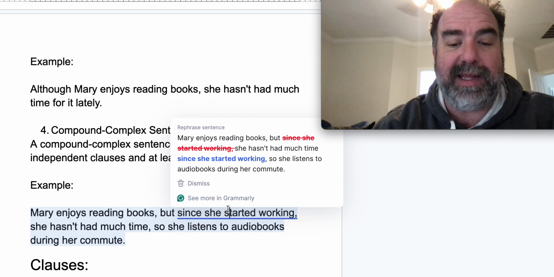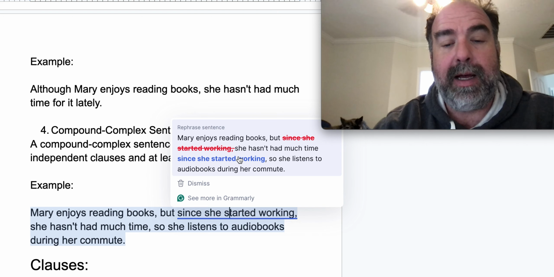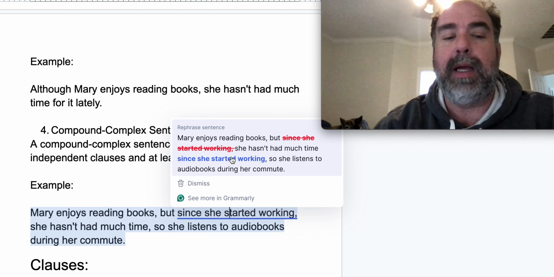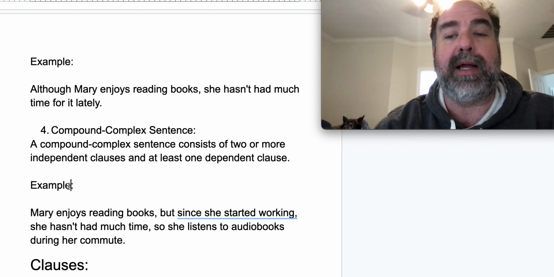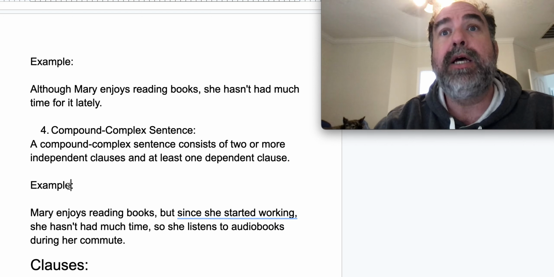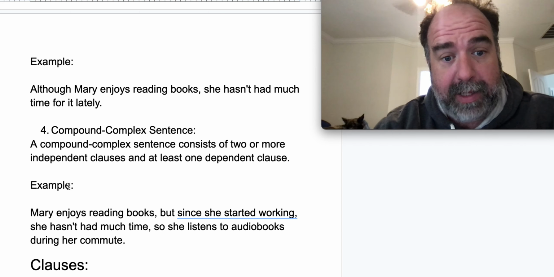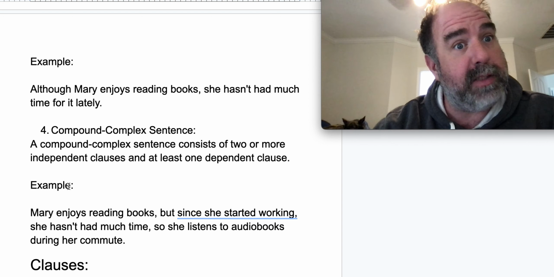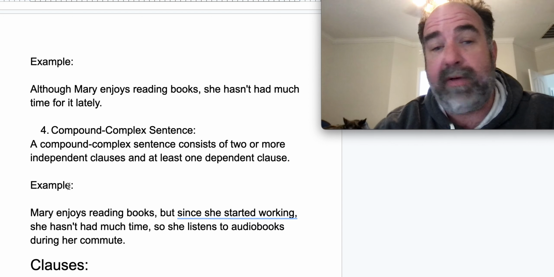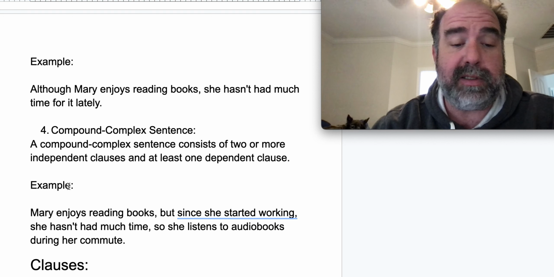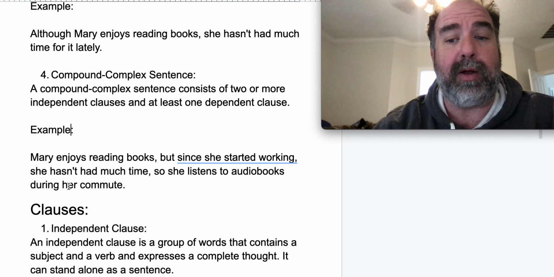Grammarly wants me to put this clause down here and take away the but. I also typically do not recommend compound complex sentences, just because I think they cloud the reader's understanding and they get in the way. It's very fancy writing. It's really incredible if you can pull it off, but pulling it off is really difficult. So I don't normally recommend going for that.